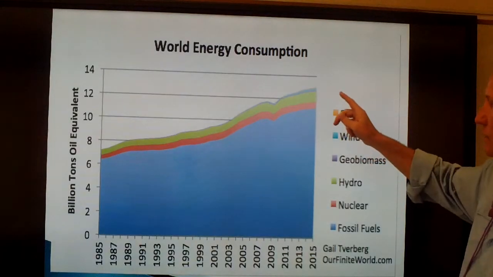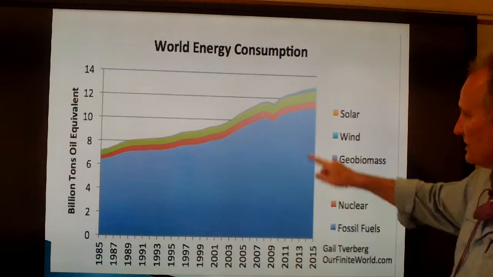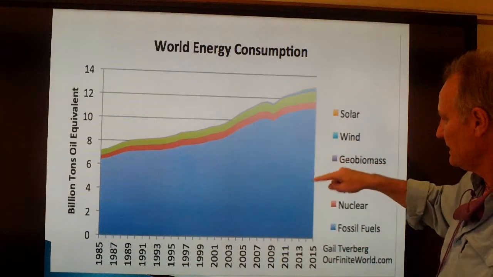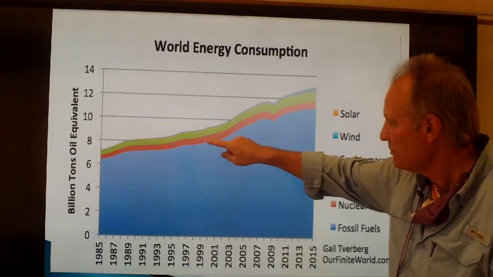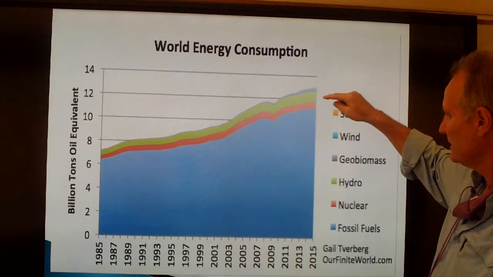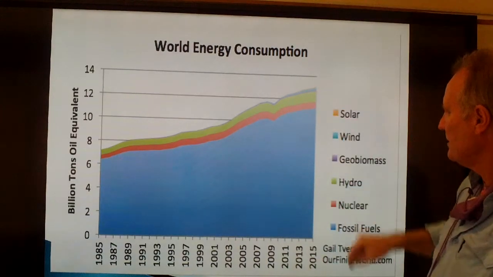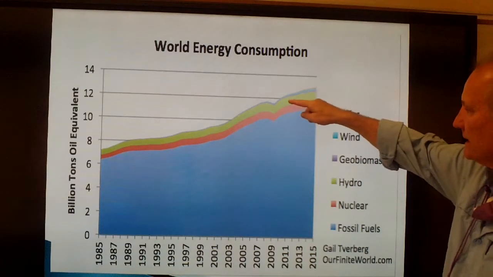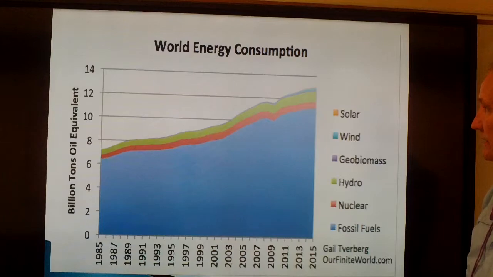If we look at world energy consumption worldwide, most of the world energy consumption from 1985 to 2015 is in fact fossil fuel based. Then there's a band in here of nuclear, a band of hydro, and then very thin bands of geobiomass, wind, and solar that have emerged and taken a little more prominence in the last 10 or 15 years.